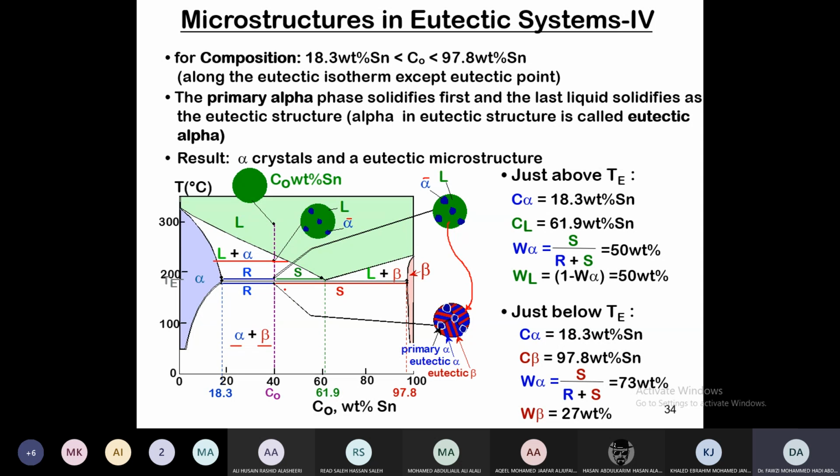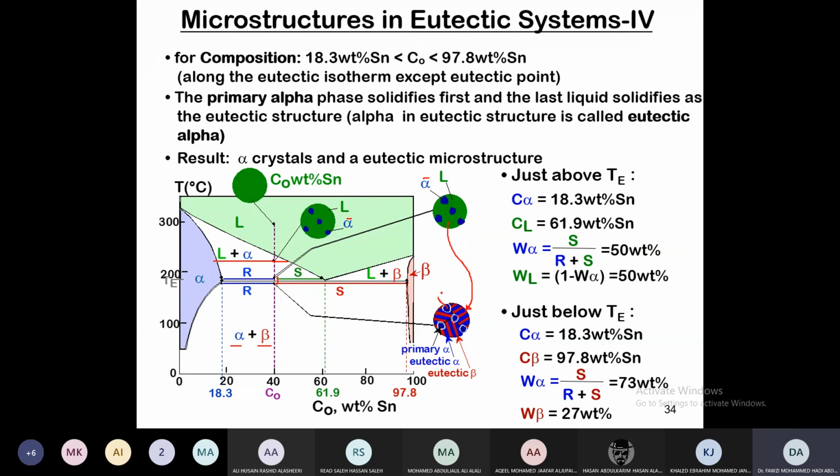So basically, going from just above the eutectic isotherm to just below it, there is a fast transformation from the liquid to alpha plus beta. The alpha which formed here, the primary alpha, will not change, and it will stay as it formed above the eutectic isotherm.